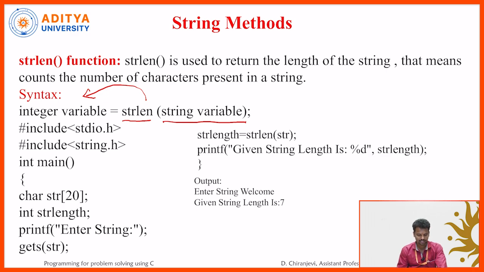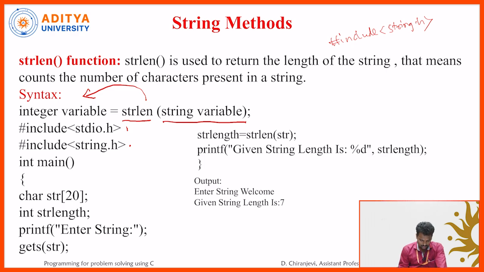Now let us understand this with an example. String methods can only be accessed by using the string header file, that is #include <string.h>. So you write one header file, stdio.h, for printf and scanf, and string.h for string methods.